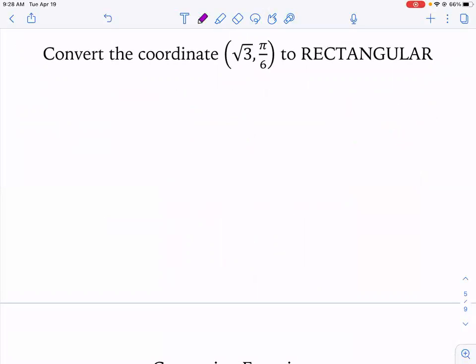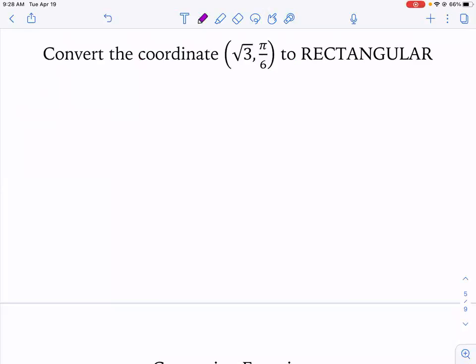All right, now I have a coordinate that is in polar form that I want to convert to rectangular form. So write it down. Now this time x squared plus y squared equals r squared is not going to help us because we need x and y.